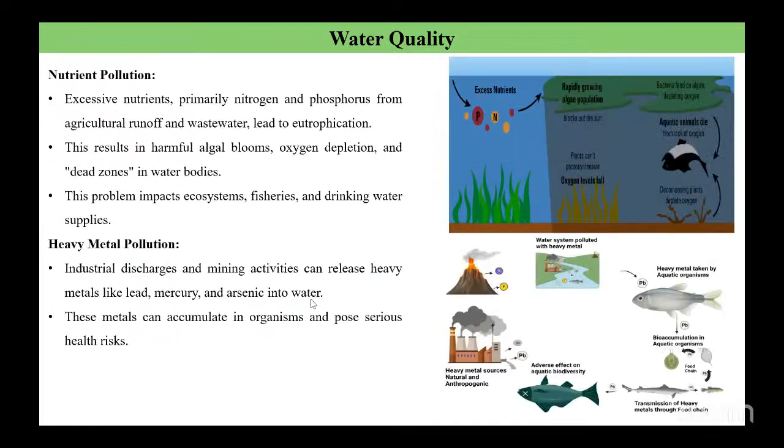So if we look at nutrient pollution, what is it? Are nutrients really pollutants? Yes, they are, because when nutrients are present in an appropriate amount, they are used for consumption. If they are not within regulatory norms, or if they exceed the levels of consumption, it is considered nutrient pollution.